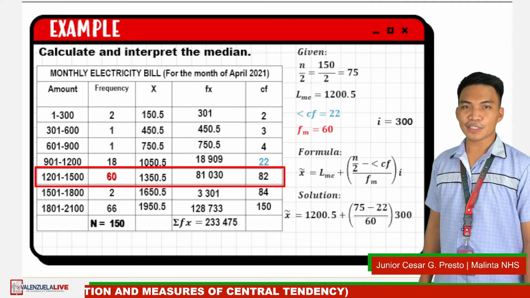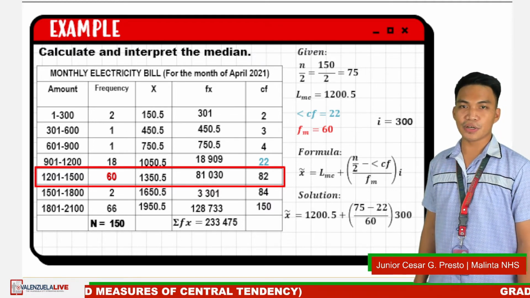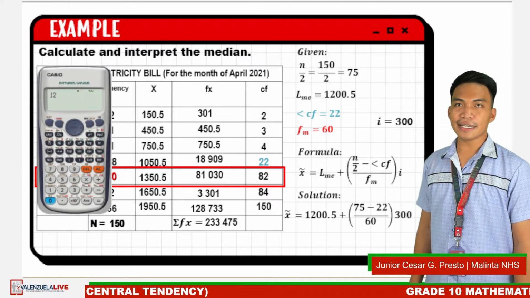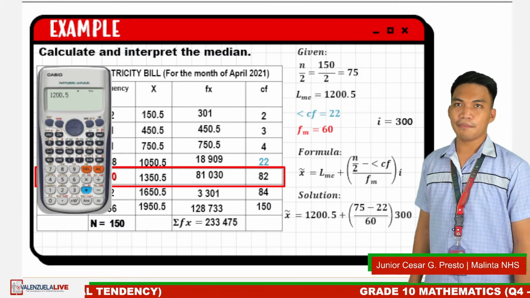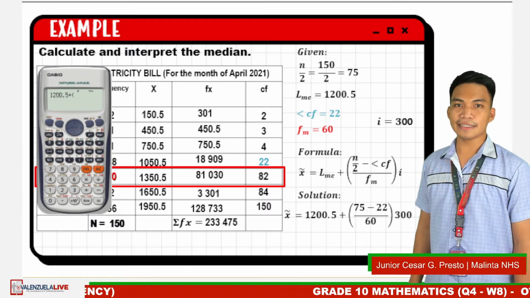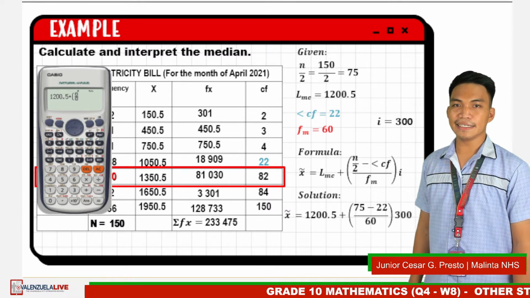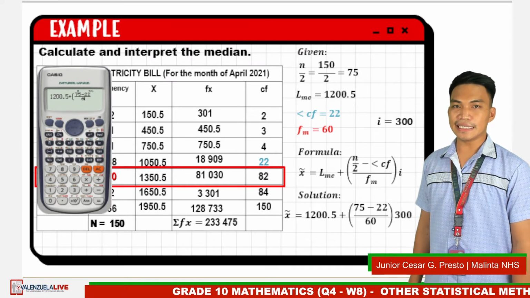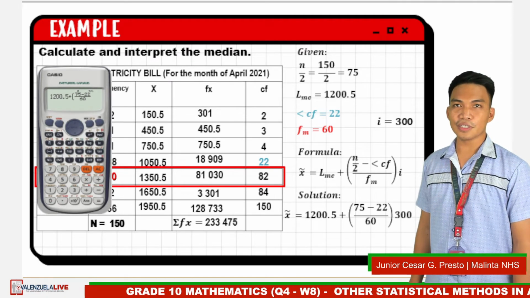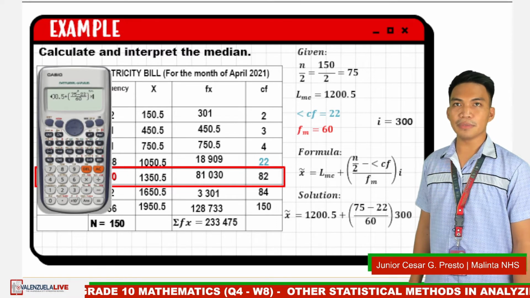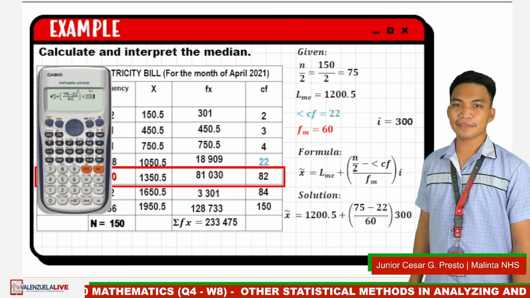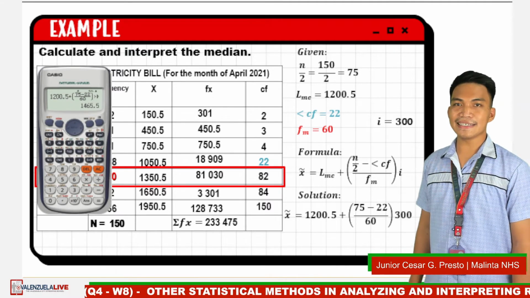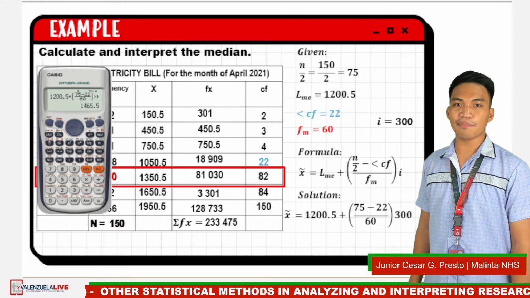Again, let us call our friend Mr. Calculator to help us solve. Input 1,200.5 plus symbol, open parentheses, fraction, input 75 minus 22 on the numerator, 60 on the denominator, close parentheses, times symbol, then 300. Press equal sign, then SD. The answer is 1,465.50.